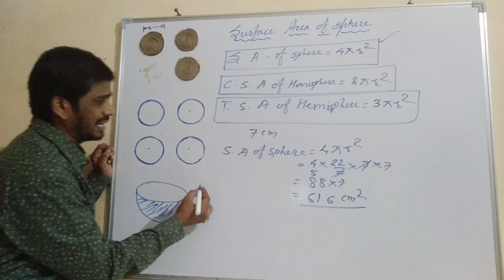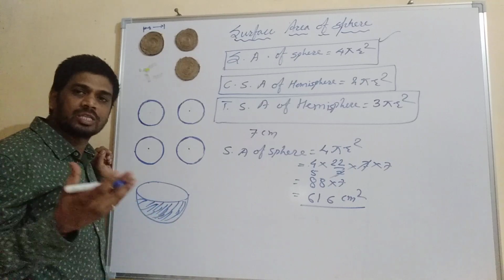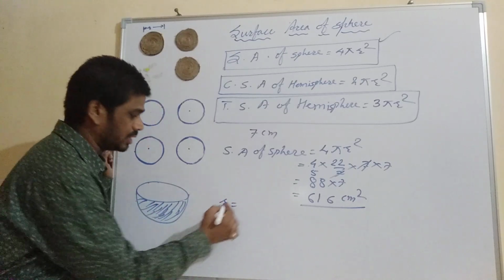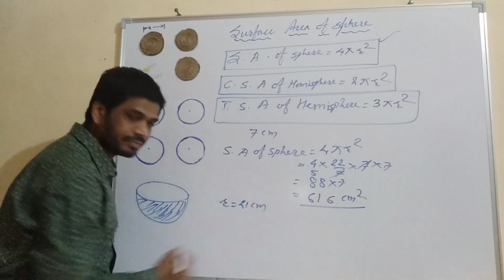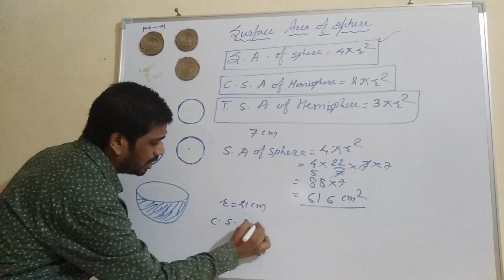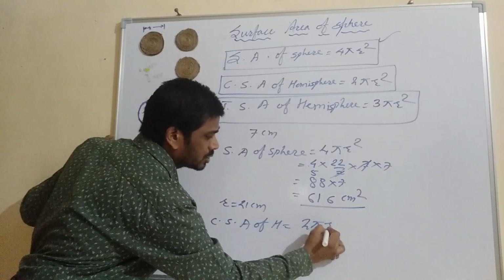Let us take one more example for finding the curved surface area and total surface area of a hemisphere. Suppose the radius of a hemisphere is given as 21 centimeter. You know the curved surface area of a hemisphere is 2 times pi r square.